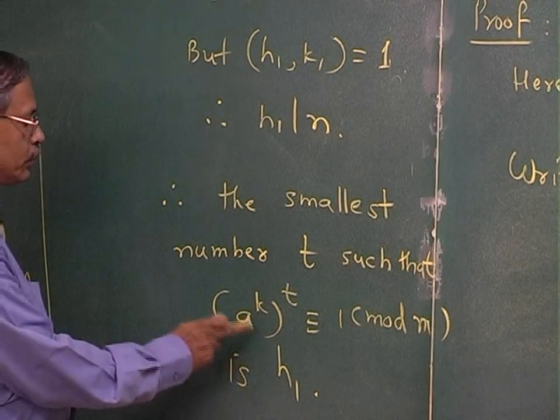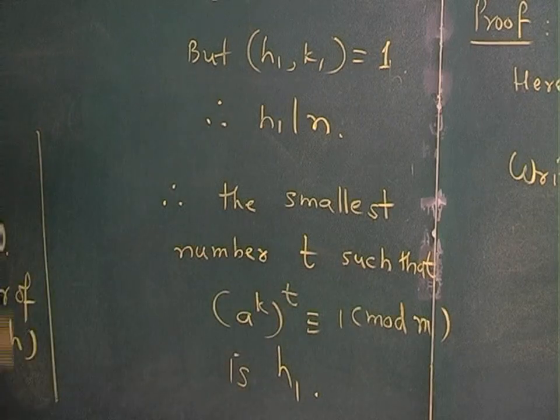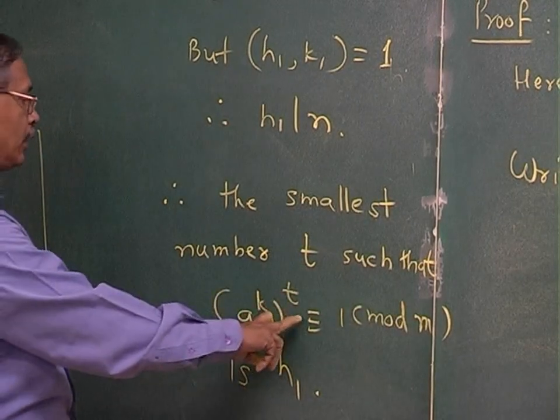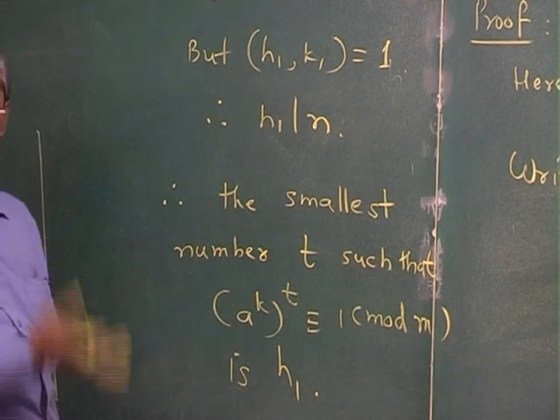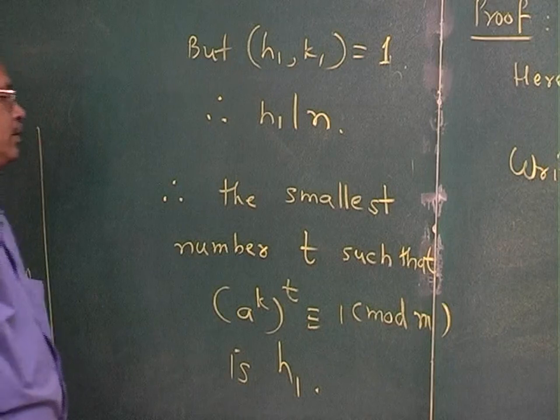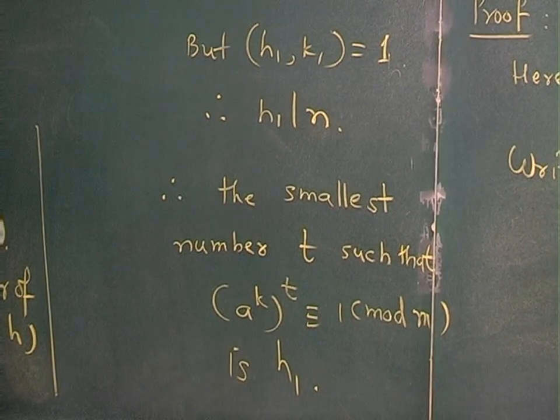First of all, we have shown that a raised to k raised to h1 is 1 mod m. Second thing is, any t for which this is 1 is divisible by h1. So these two things tell you that the smallest one is h1, and that means the order of a raised to k is h1.